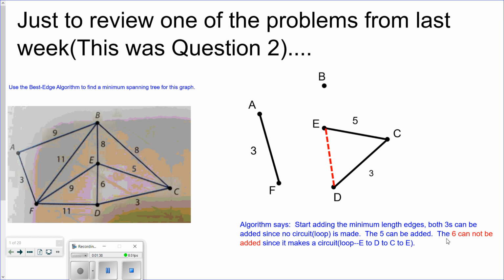If we keep going and find the next minimum one, which would be a 6, we notice that the 6 cannot be added since it would make a circuit. So the 6 is from E to D. If I would add that in, then I just made a circuit or a loop that goes from E to D to C and back to E. So I cannot add in ED right now.